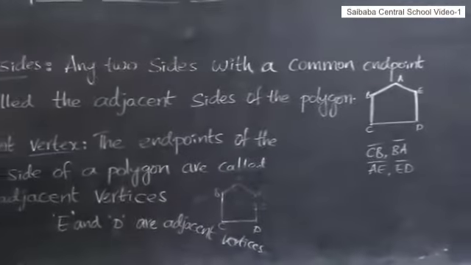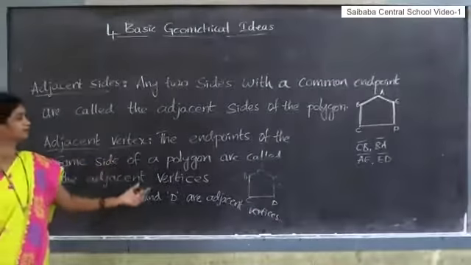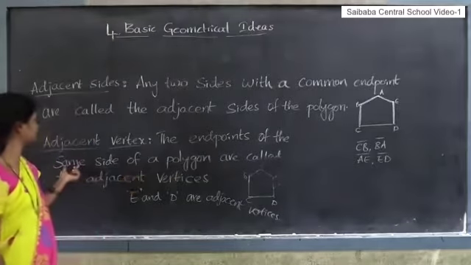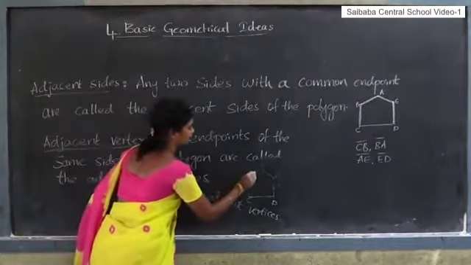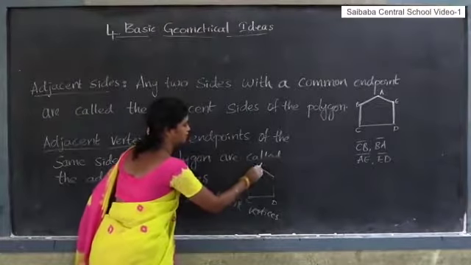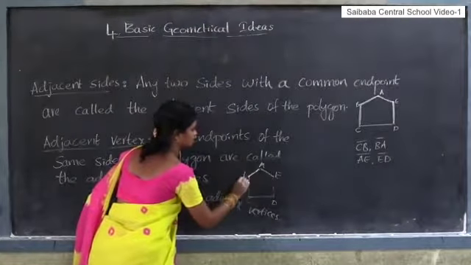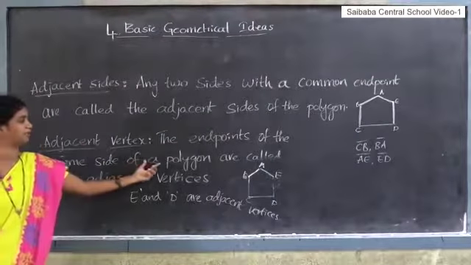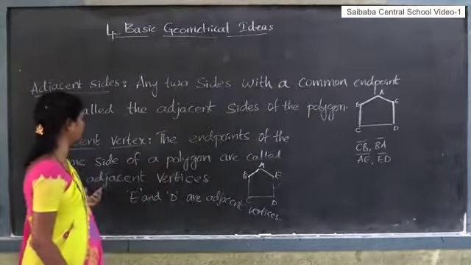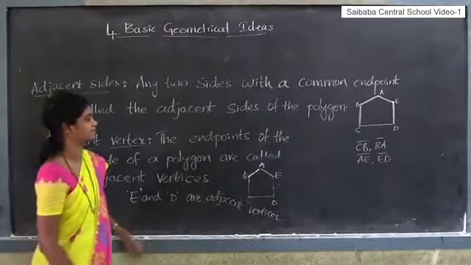Next one is adjacent vertex. The end points of the same side of the polygon are called the adjacent vertices.